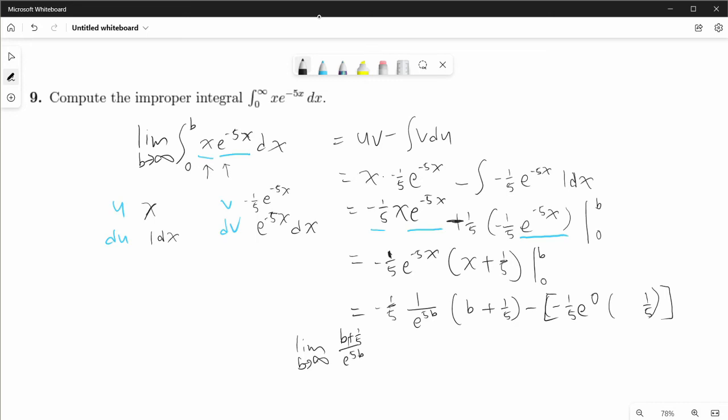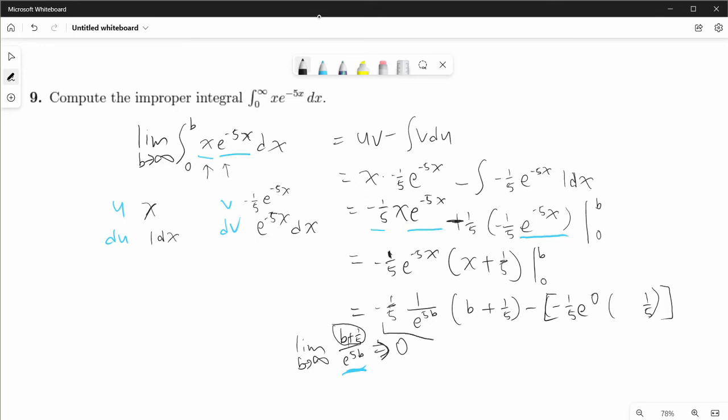So in this case, since e to the 5b grows a lot faster than b does, right? The blue part grows a lot faster than b plus 1/5. So this part approaches 0.